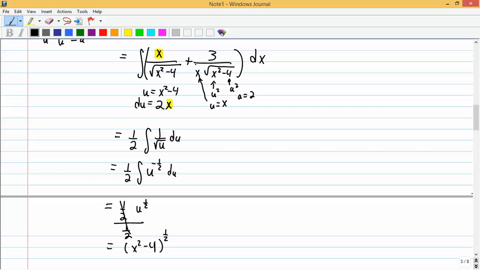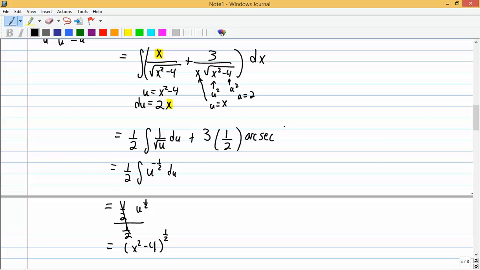Alright, so let's work on this integral now. So this is plus. Now bring out any constants first. So bring out a 3. And now we follow our formula for arcsecant. Our formula for arcsecant is 1 over a, so times 1 over 2, arcsecant, remember, that's the same as inverse secant, of the absolute value of u over a.